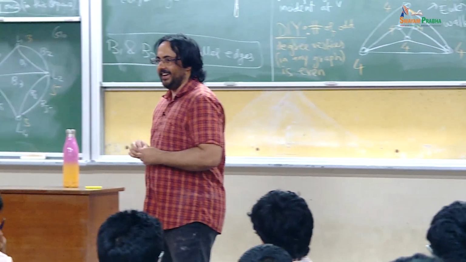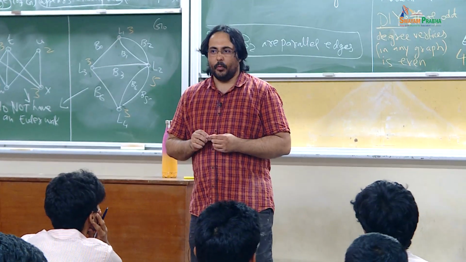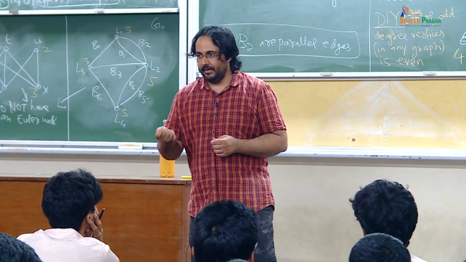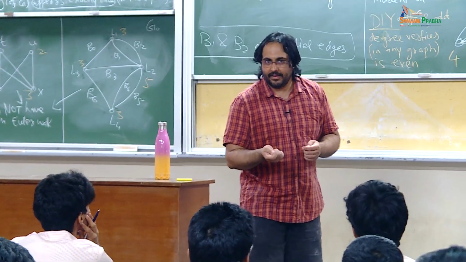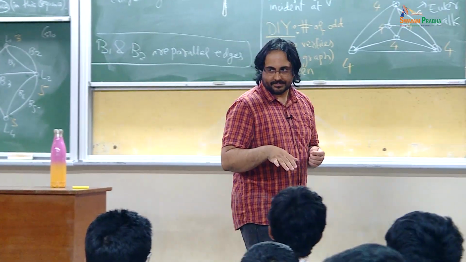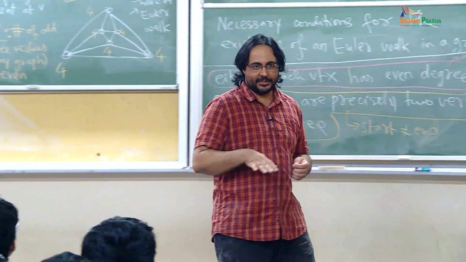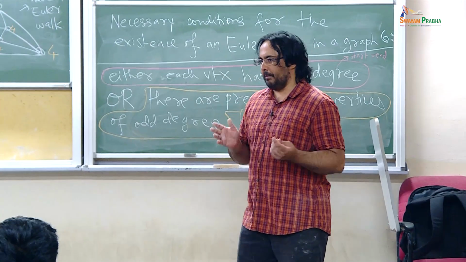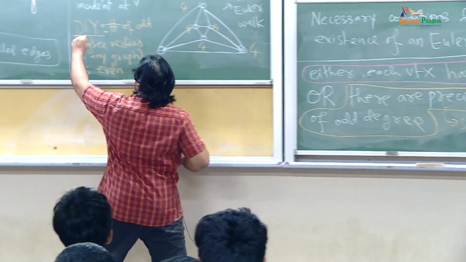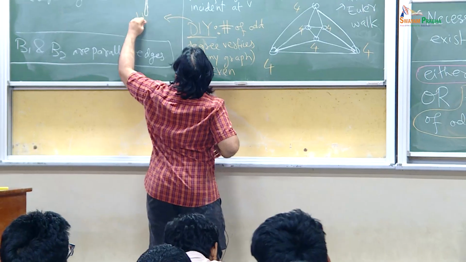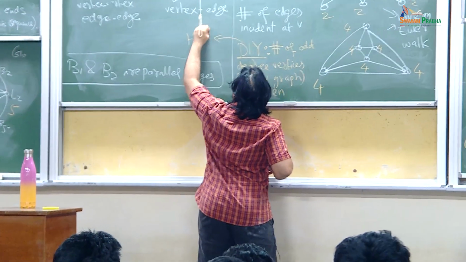And the number of people who shake hands with an odd number of people has to be an even number. This is called the handshaking lemma. What I just wrote down here is generally called the handshaking lemma.